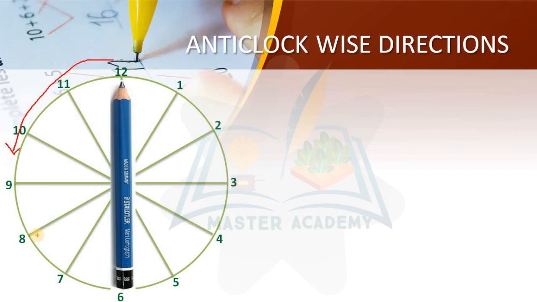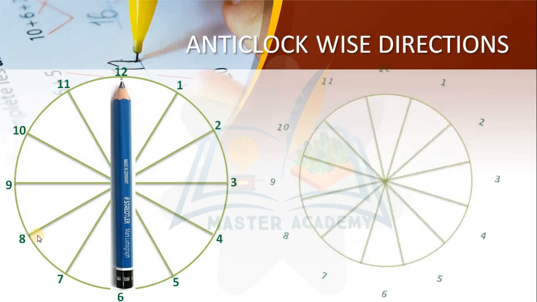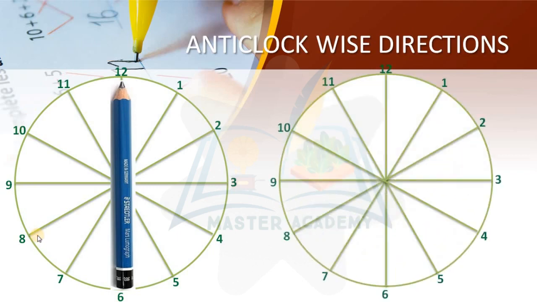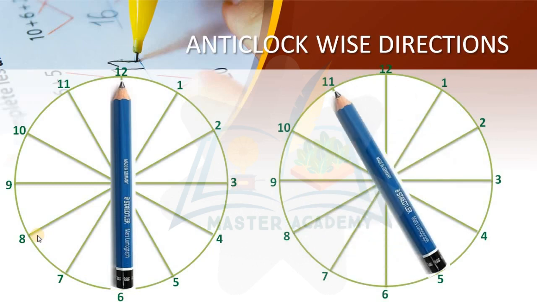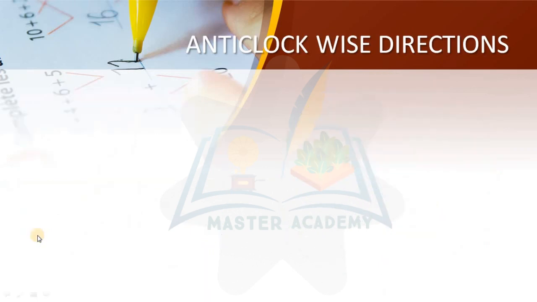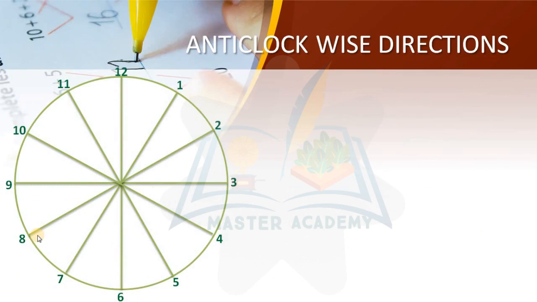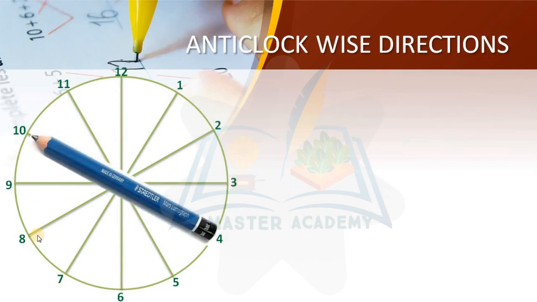You can see in the next figure, so you can understand. I took the next figure, it will move 12 to 11. Clear? Understood? Then in the third figure 11 to 10. So you can see, okay, now 10 to 9. So it is known as the anti-clockwise direction.